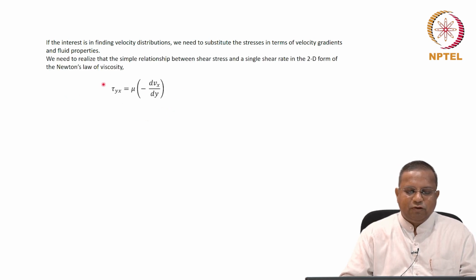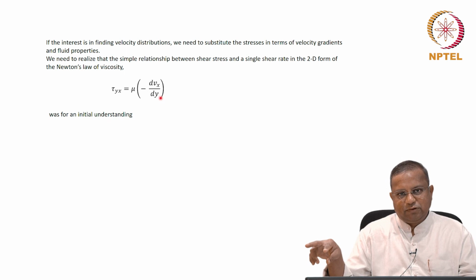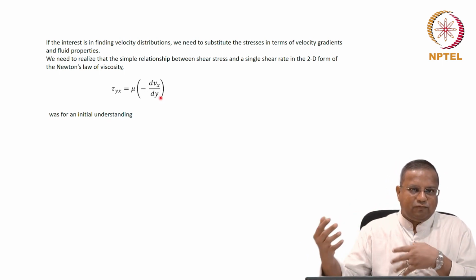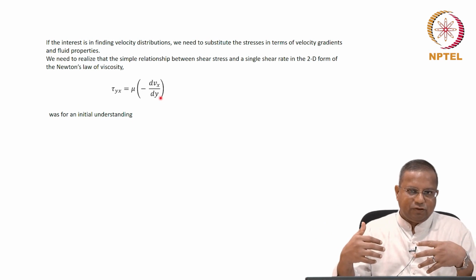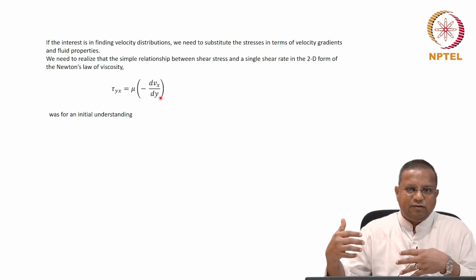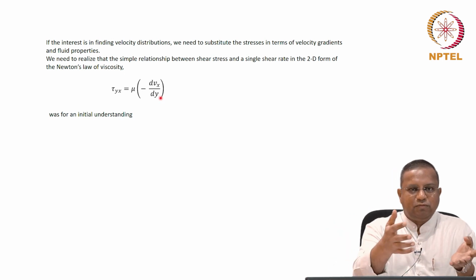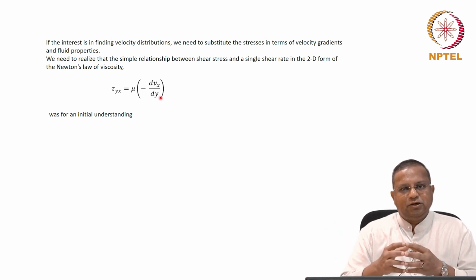This is Newton's law of viscosity, tau yx equals mu times minus dvx dy. And this again was for an initial understanding. This was only in 2 dimensions. As we can see, there are contributions of one to the other and so on and so forth. Therefore, two different velocity gradients could contribute to a particular shear stress.